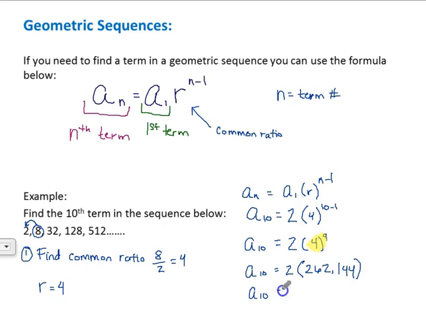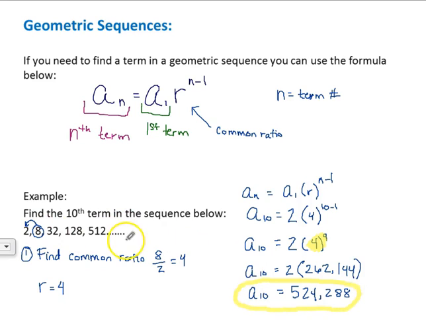So 2 times 262,144, and we get 524,228. That represents the 10th term. A sub 10 represents the 10th term. That's our final answer.